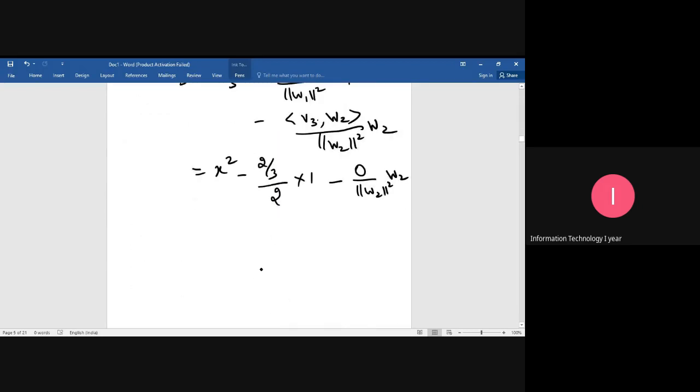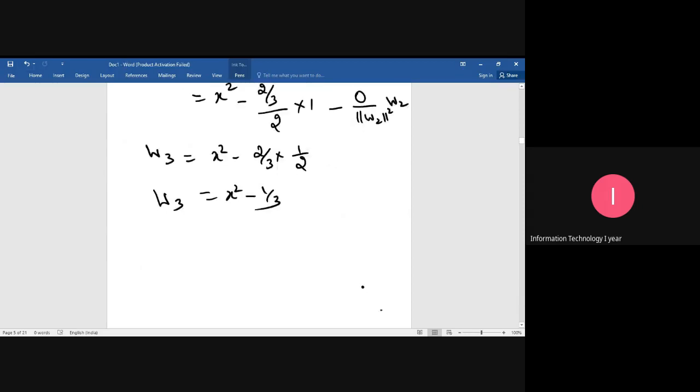So therefore, what about W3? W3 is x² minus 2 by 3 into, taking the reciprocal, 1 by 2. This term becomes 0. This is equal to x² minus 1 by 3. So W3 is equal to x² minus 1 by 3.